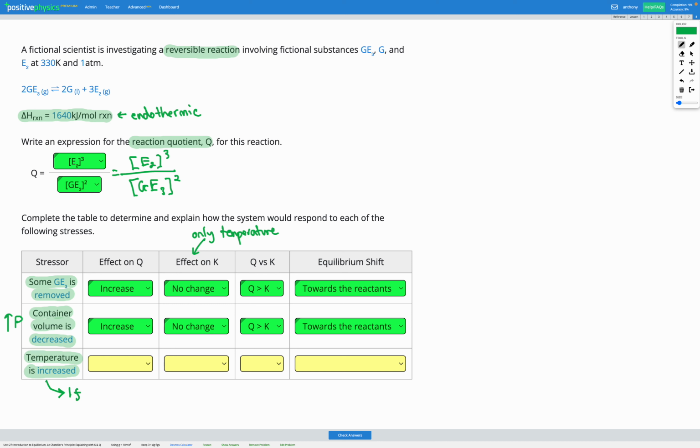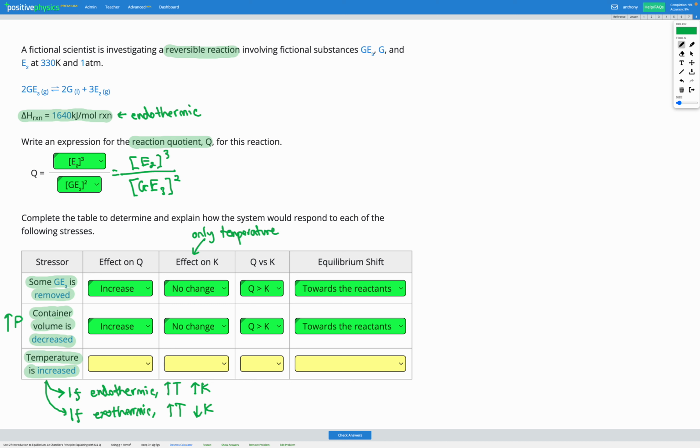If our reaction is endothermic, then increasing the temperature is going to result in an increase in the equilibrium constant. However, if the reaction is exothermic, we're going to have the opposite thing happening. If the temperature increases, the equilibrium constant is going to decrease.